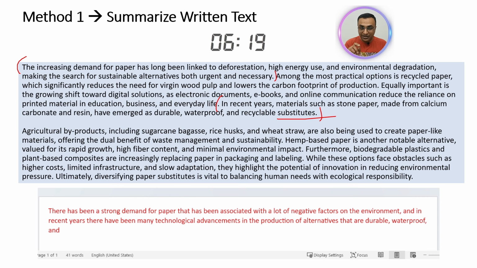R-E-C-Y-C-L-A-B-L-E, I'm looking at the spelling there itself. Okay, recyclable.